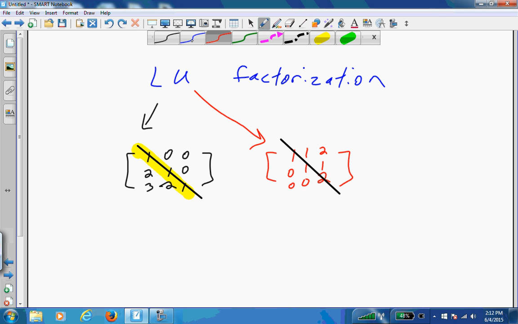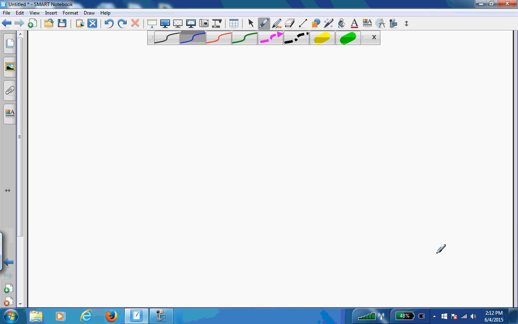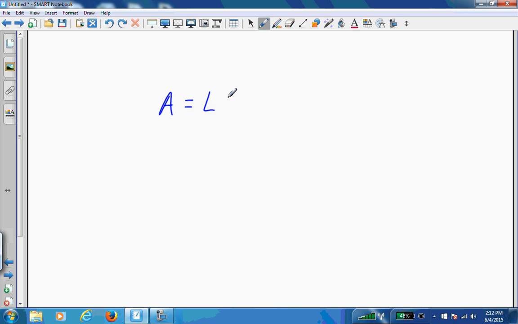So if we have a matrix, generally we're going to be looking at ones that are invertible, then we can take a random matrix and write it as a product of a lower and an upper matrix.